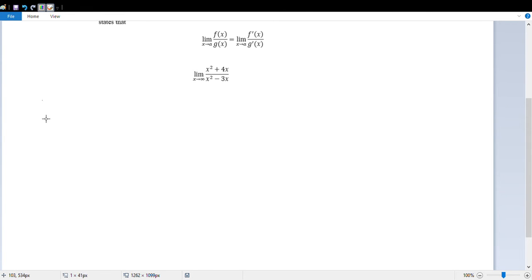So we're going to say the limit as x approaches infinity of the numerator, that equals infinity.